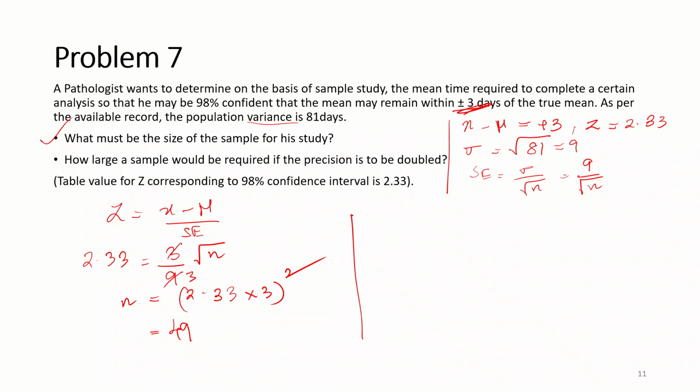So z equal to x minus nu by standard error, same thing. Now the value of x minus nu will be 1.5, because it was 3 before. Standard error will be the same, 9 by root n.